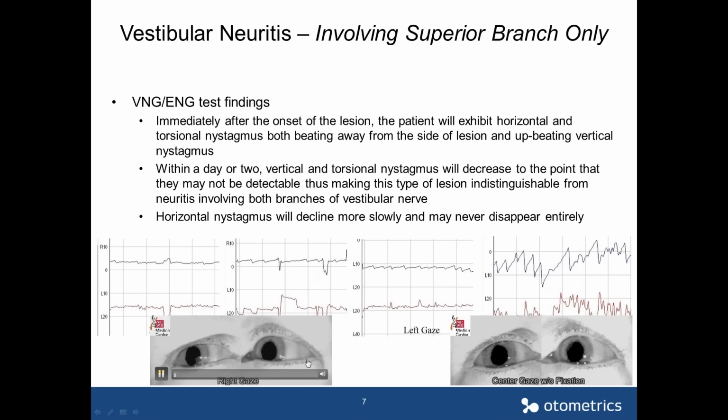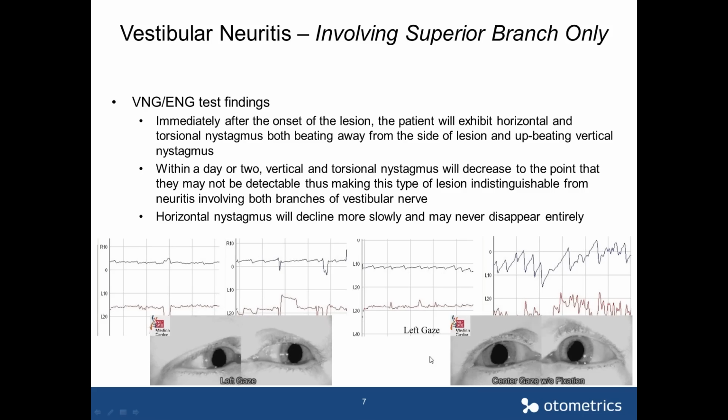I will play this video for you. You see the patient has torsional nystagmus that beats toward the left ear, and when the patient looks to the center, it becomes even more prominent. And right there, you can see that. And when the patient looks to the left, you will also see that the horizontal nystagmus becomes prominent, and the torsional nystagmus is pretty much the same.